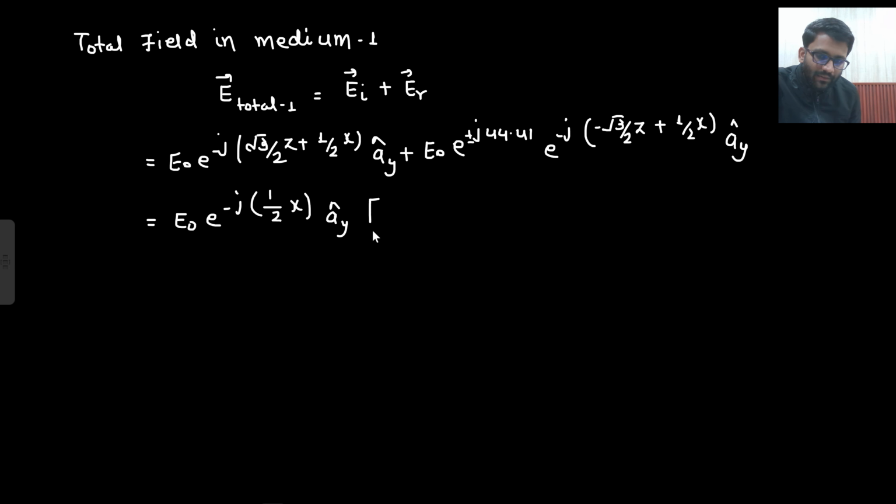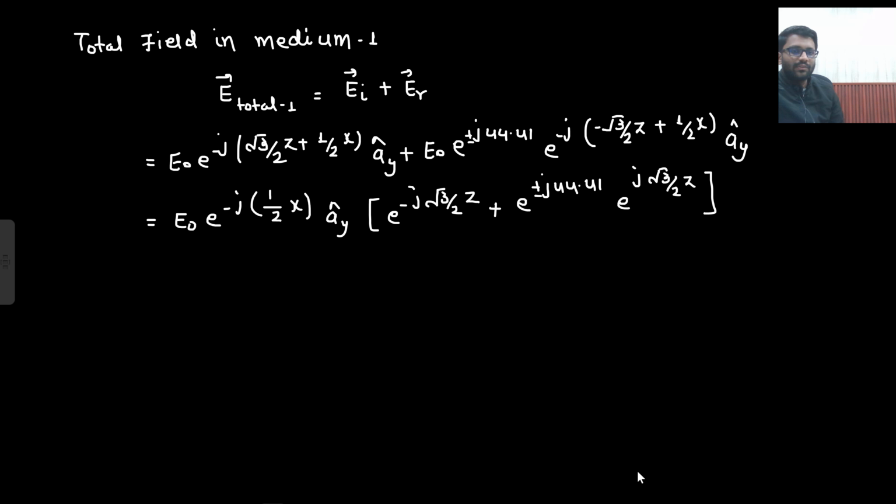Inside, what will I get? E to the power minus j root 3 by 2 z, plus here there is a phase factor plus minus j 44.41, plus e to the power j root 3 by 2 z. Is this what you are getting? Say yes or no. This is the expression you are getting.